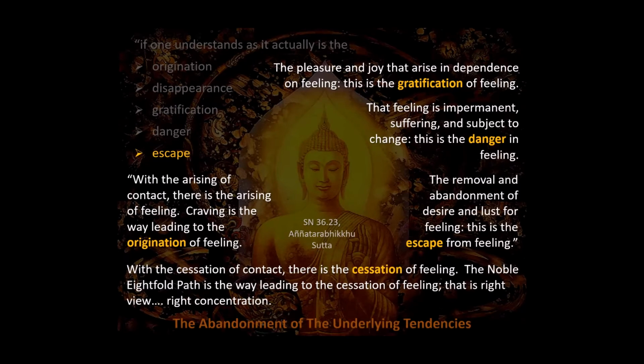I am not sure whether you all noticed this, but the Four Noble Truths are actually shown here, right? Not in terms of dukkha, but in terms of feelings: we have the first noble truth of feeling, then the second noble truth of the cause of feeling, the third noble truth of the cessation of feeling, and the fourth noble truth of the way leading to the cessation of feeling. Why feeling? Think about it, right? In what way do we experience suffering?